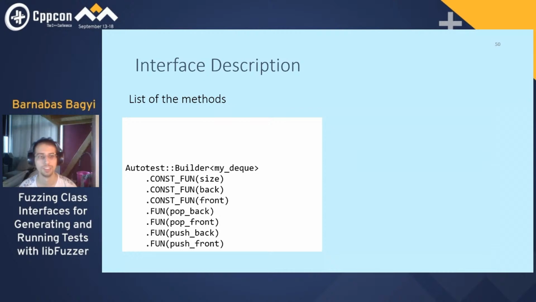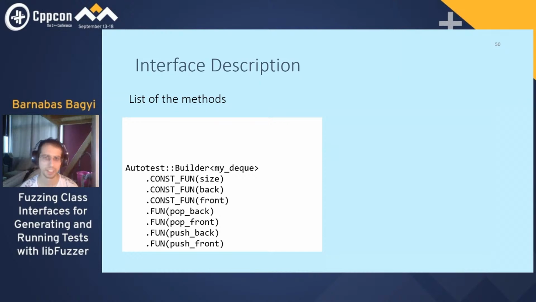Now, what do I mean exactly by interface description? First of all, I've implemented a prototype of this outline tool, which has the name Autotest. I'm not exactly sold on it, but this is what came to mind first. And this is how the interface description looks like.